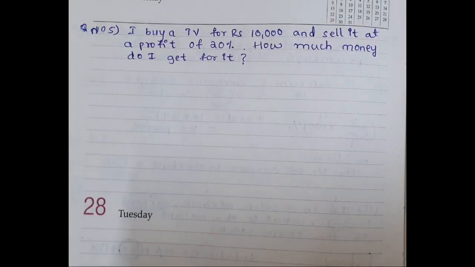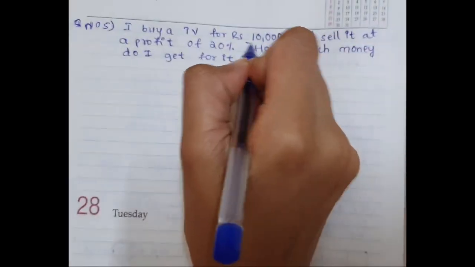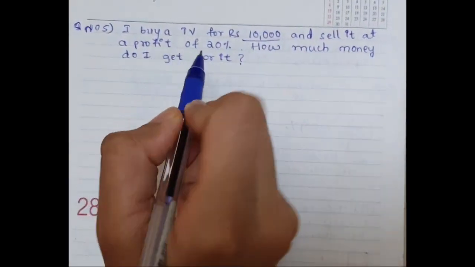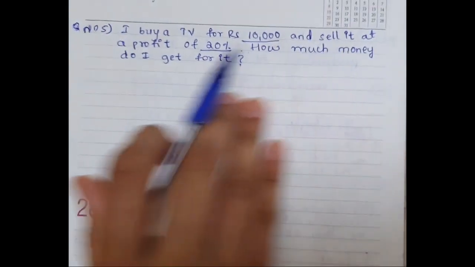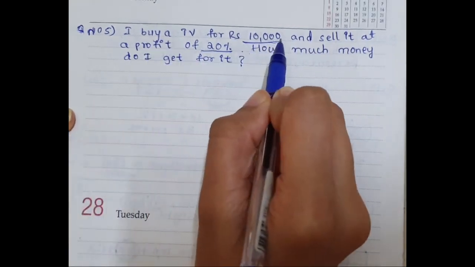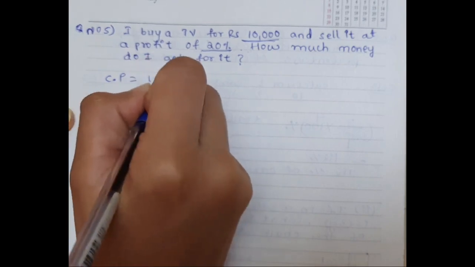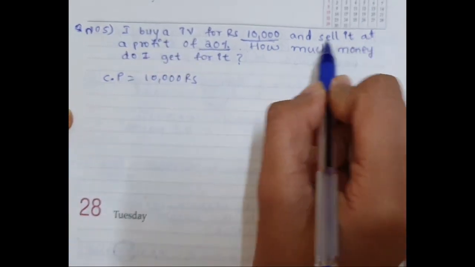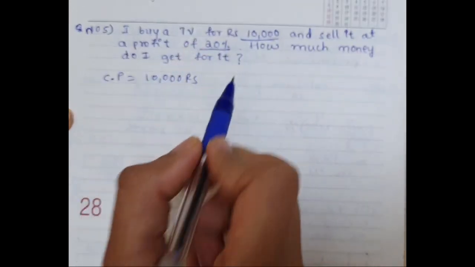Question number 5. I buy a TV for rupees 10,000 and sell it at a profit of 20%. How much money do I get for it? So in this question, they have given a cost price. I buy a TV for 10,000 rupees means this is the cost price. Cost price equals 10,000 rupees, and I sell it at a profit of 20%. They have given a profit percentage.